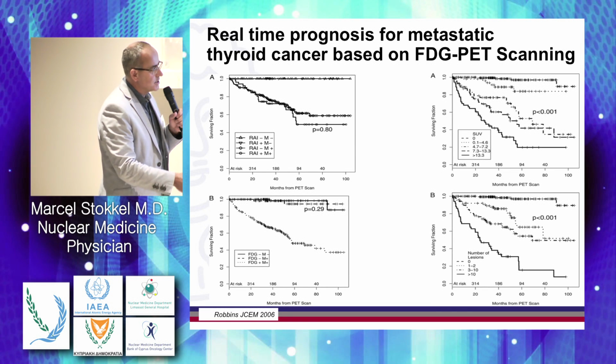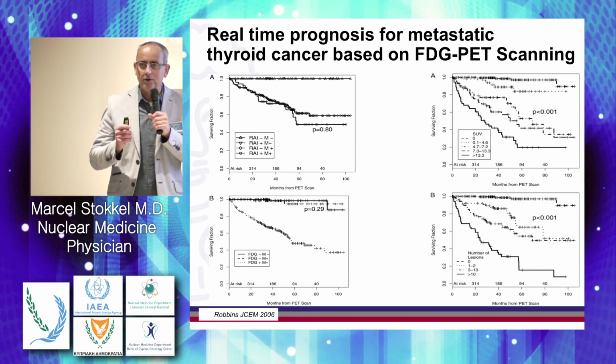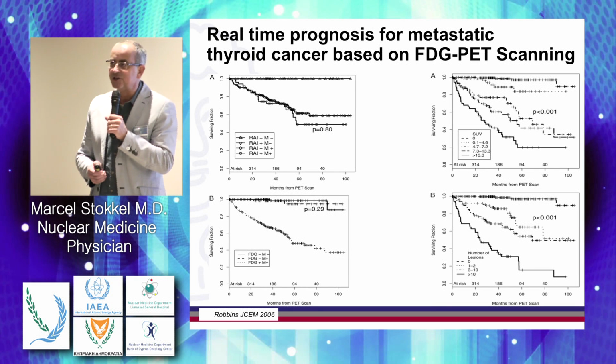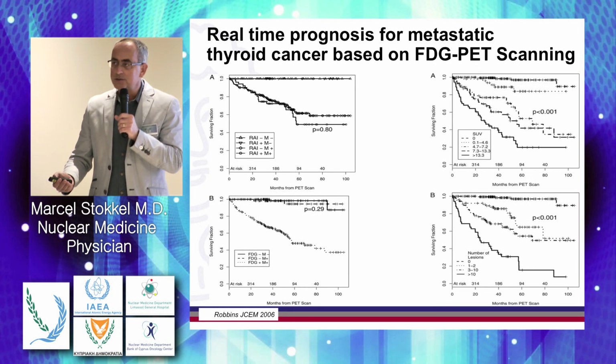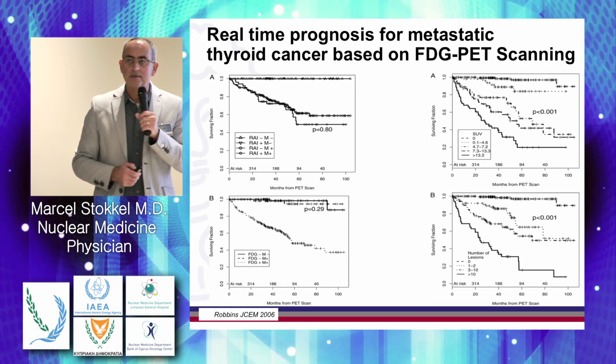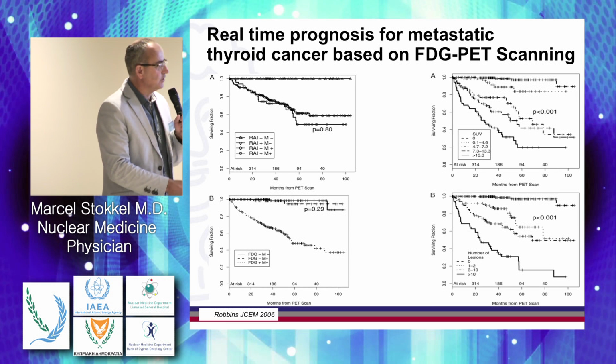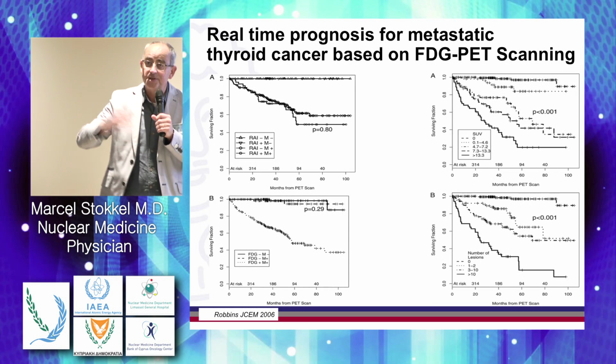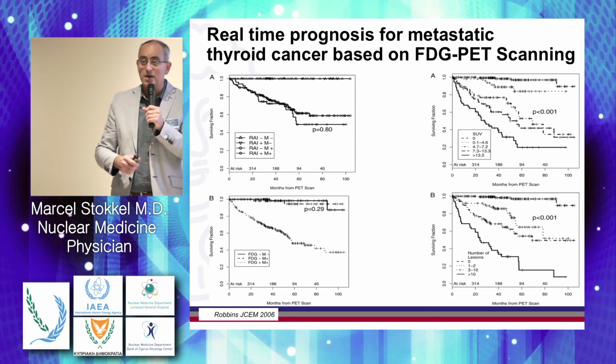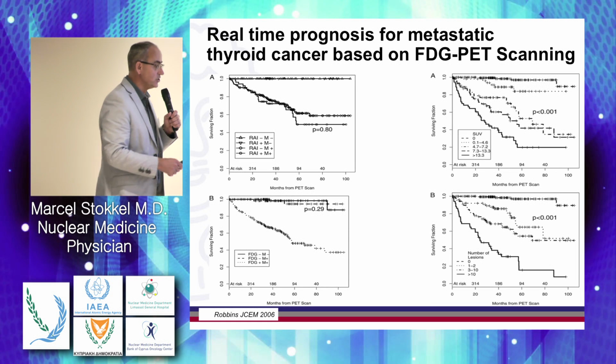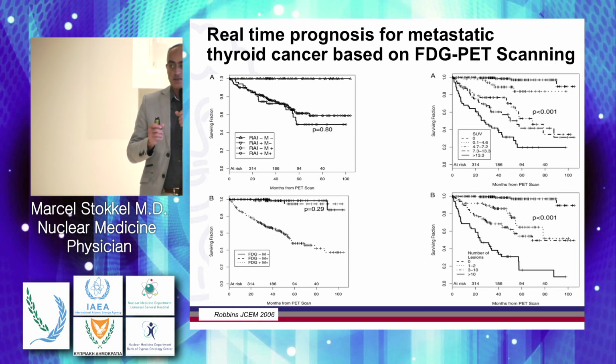And this is the reason why you should use recombinant TSH. You see more lesions than without TSH stimulation, and that definitely has consequences. So you upstage or downstage prognosis by using recombinant TSH. So an FDG PET scan without stimulation is in fact not good clinical practice.